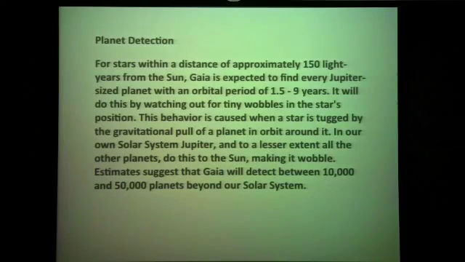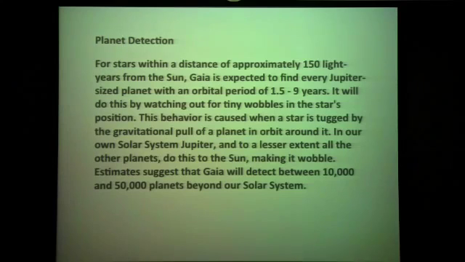As far as planet detection, this is from the Gaia team's website. For stars within a distance of approximately 150 light years from the Sun, Gaia is expected to find every Jupiter-sized planet with an orbital period of 1.5 to 9 years. It will do this by watching out for tiny wobbles in the star's position. This behavior is caused when a star is tugged by the gravitational pull of a planet in orbit around it.